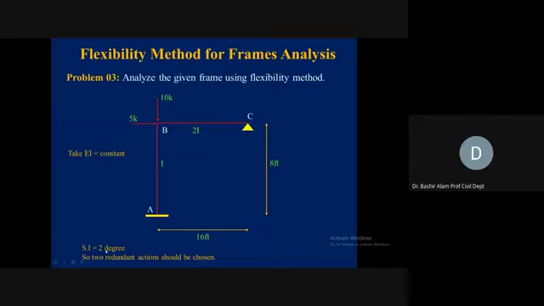Based on this, we need to select 2 redundant actions and remove them to make this a statically determinate structure. If we remove the support reactions at C, this will become a cantilever frame having only the fixed support at A, and that will become our basic determinate structure.